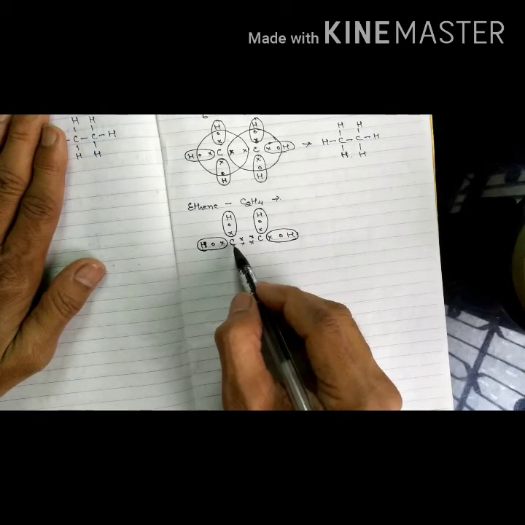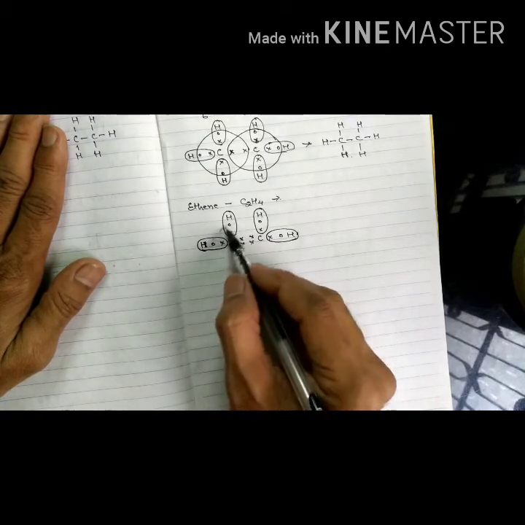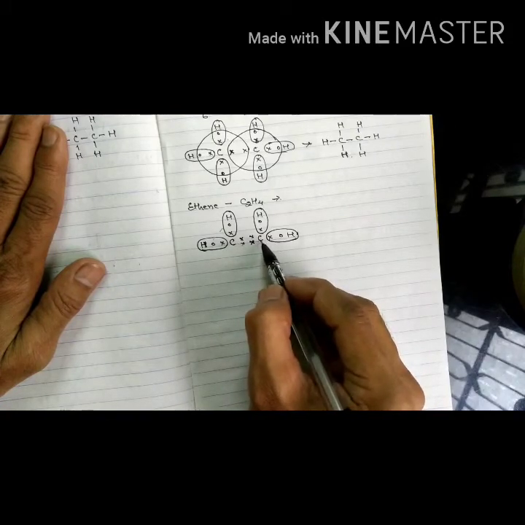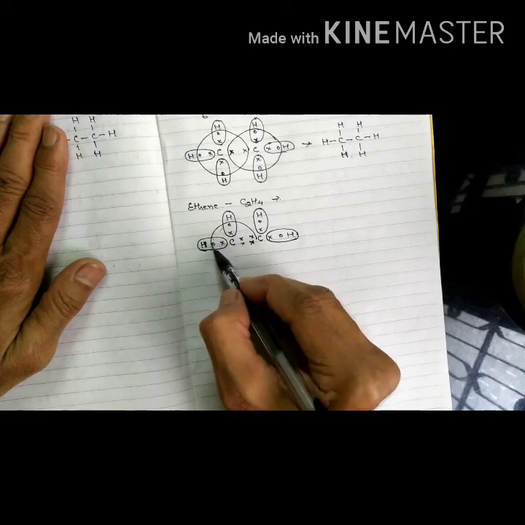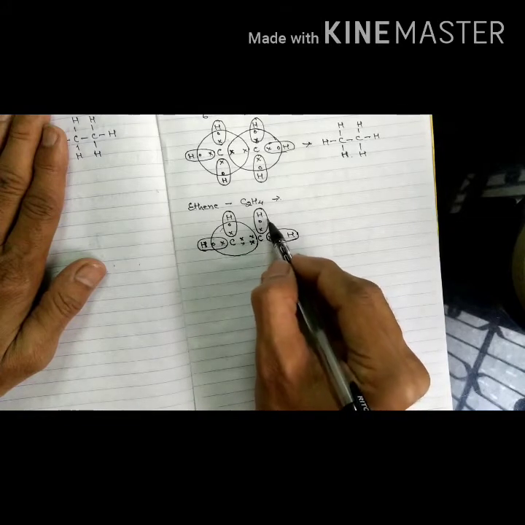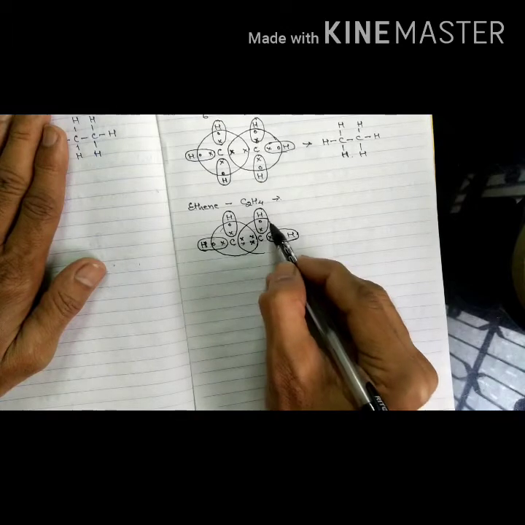Now first carbon, it has 4 electrons and 2 shared by hydrogen, that is total 6, and 2 electrons it can share from the second carbon to complete its octet. In the same way, second carbon can also share 2 electrons of first carbon to complete its octet.